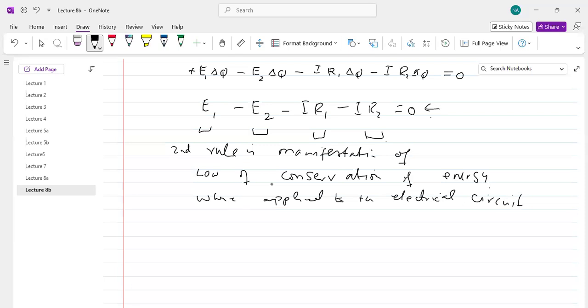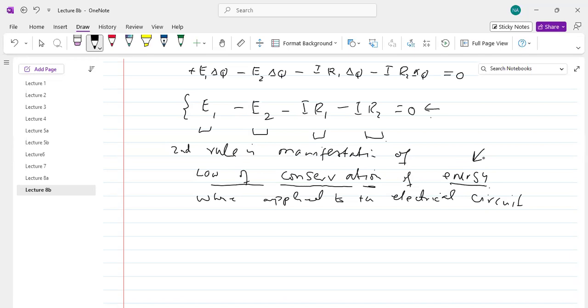You can say, why this sort of rule over here? If we want to apply the law of conservation of energy, we should apply it as usual: total energy changes must be equal to 0 in the absence of source or sink, or the total energy of a system remains constant. We can directly apply this.